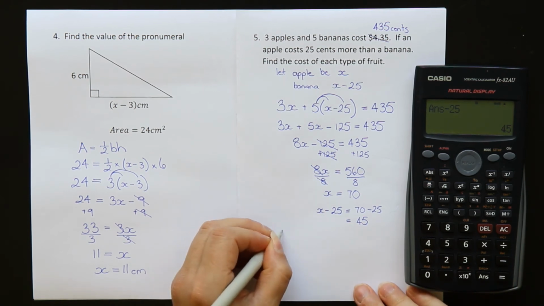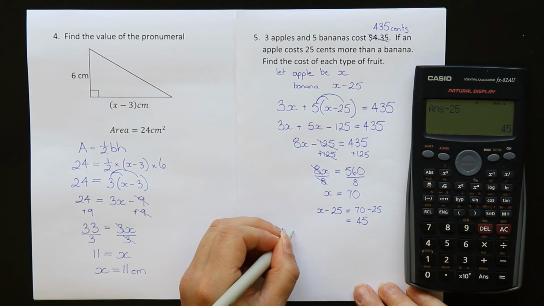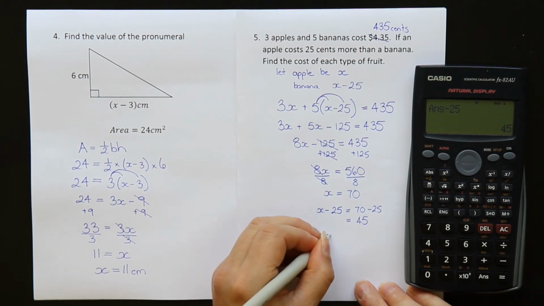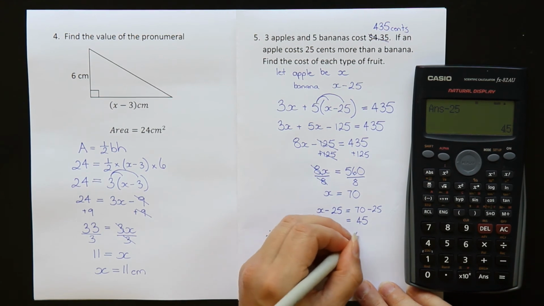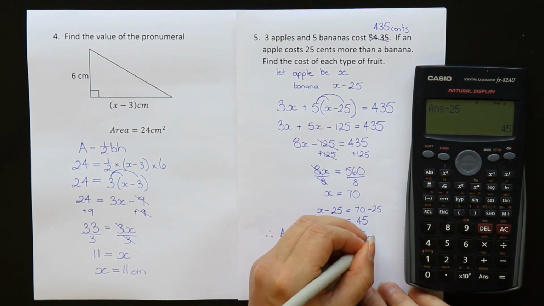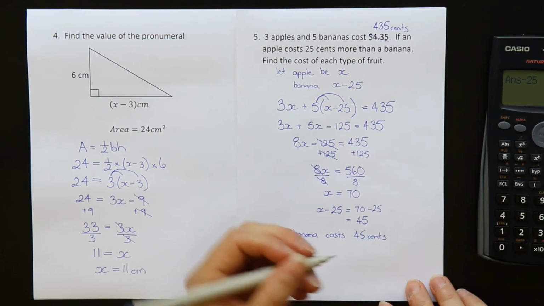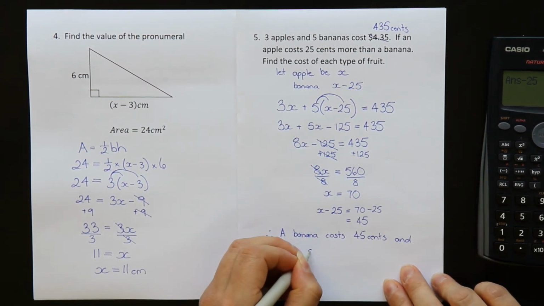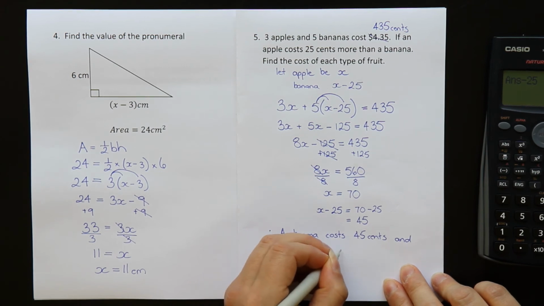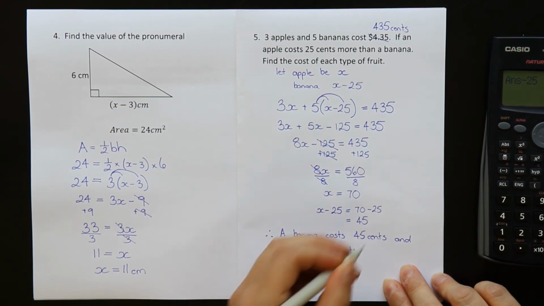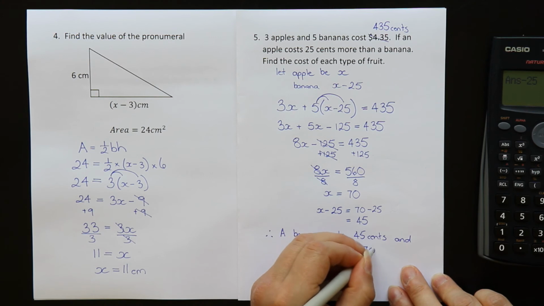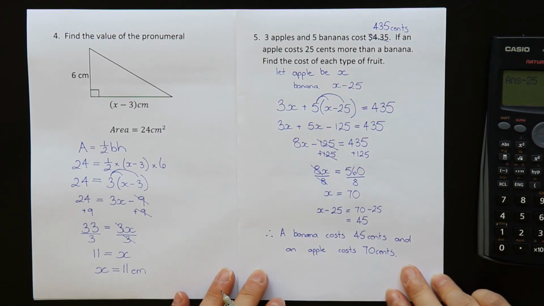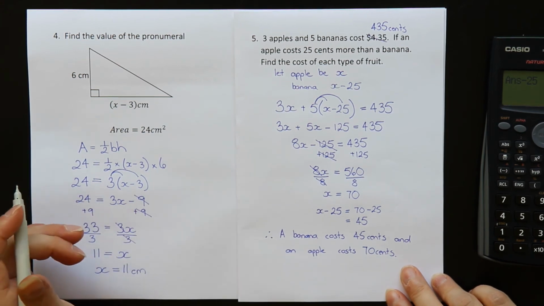Therefore, a banana costs 45 cents and an apple costs 70 cents. Alright, so that was getting quite tricky, wasn't it? It's quite a bit of working in there for that question.